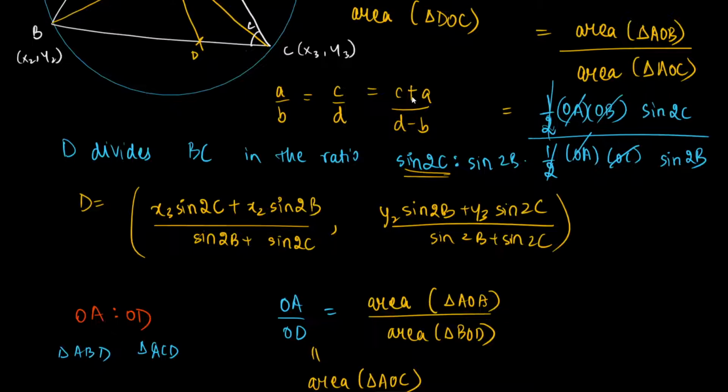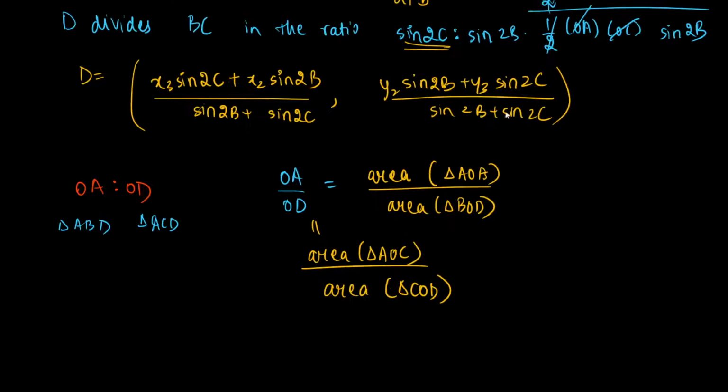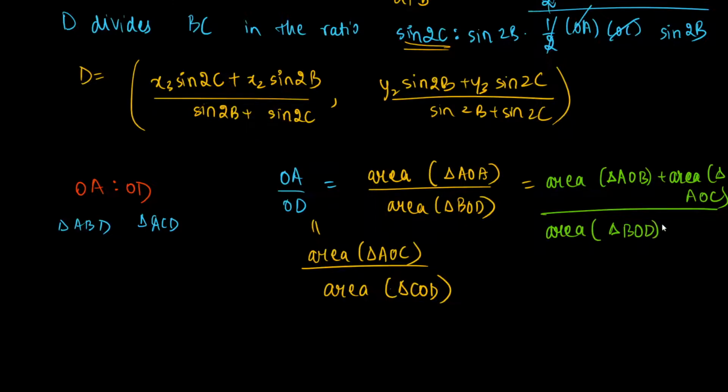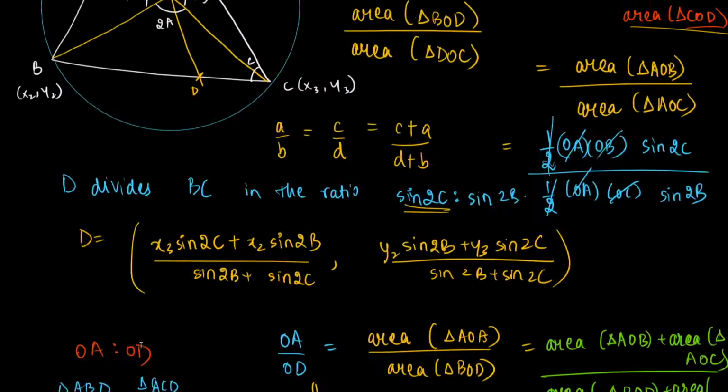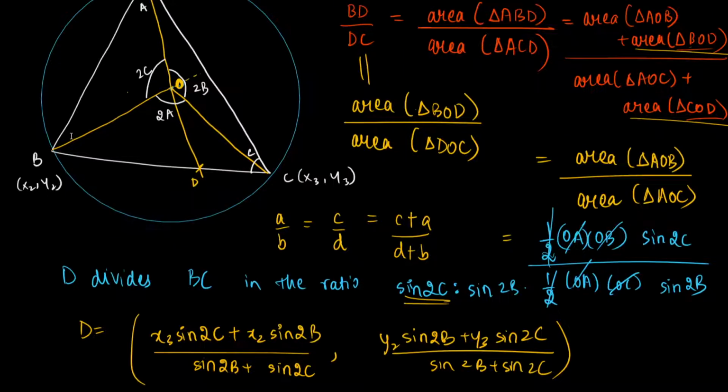Instead of minuses, you can do plus as well, so you add the numerators and the denominators separately. So the area of AOB plus the area of AOC, divided by the area of triangle BOD plus the area of triangle COD. BOD plus COD gives us the area of triangle BOC combined.